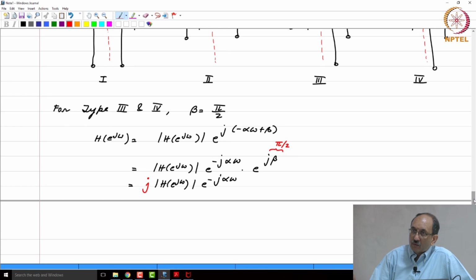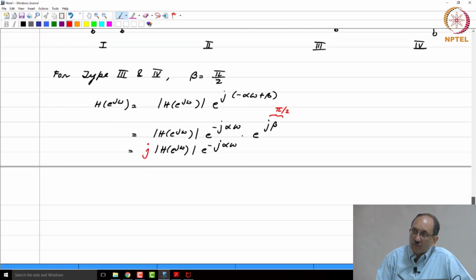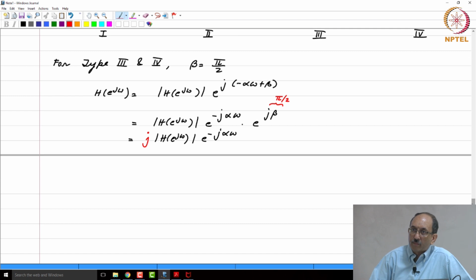If this is symmetric, either being symmetric or anti-symmetric, the phase response is always minus alpha omega or minus alpha omega plus beta, and the group delay is n minus 1 by 2. Therefore, independent of h of n, you have linear phase with that particular slope.